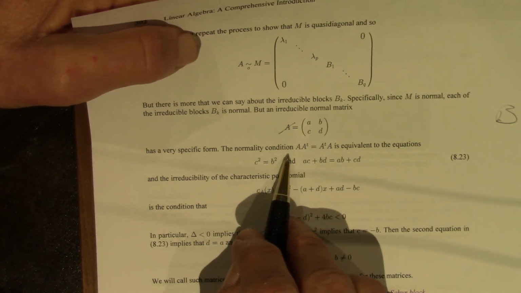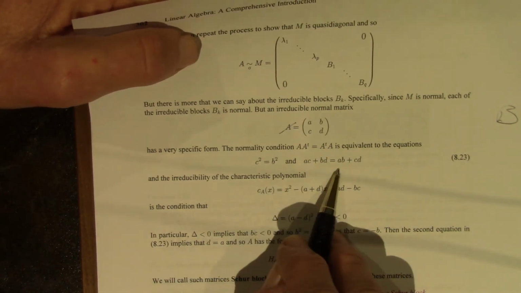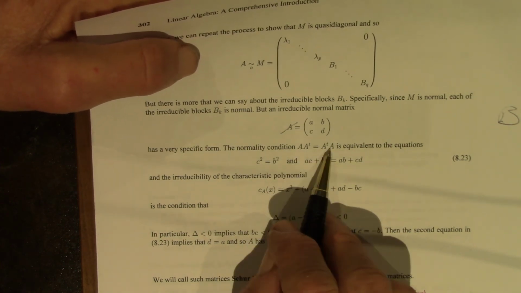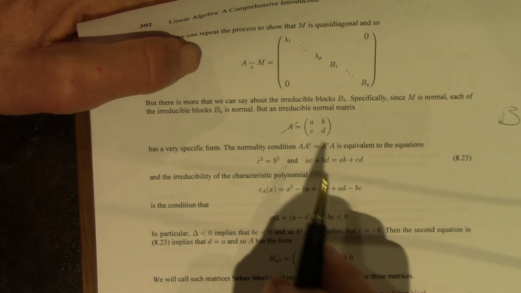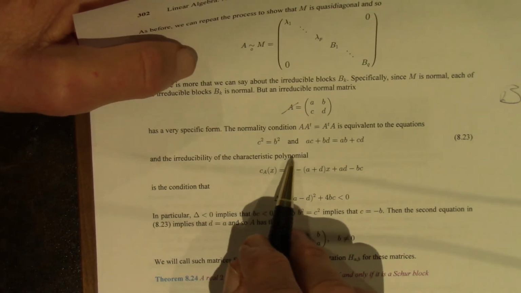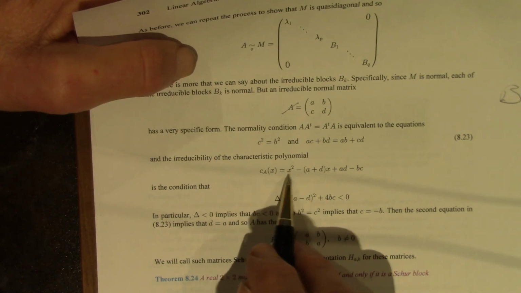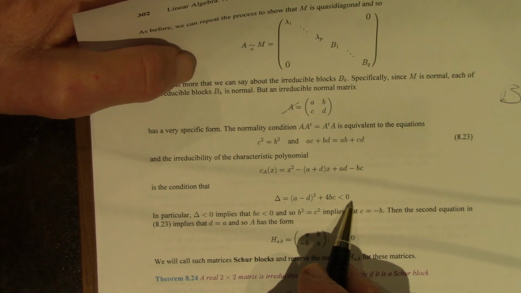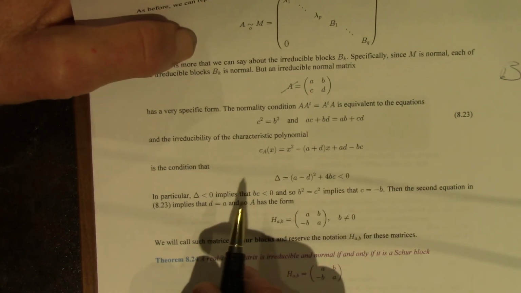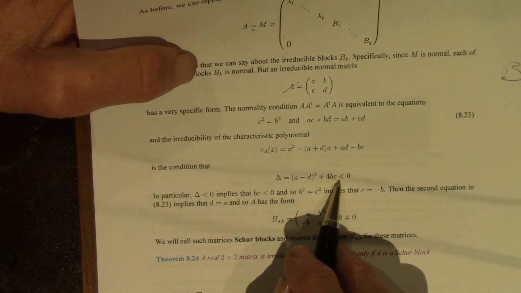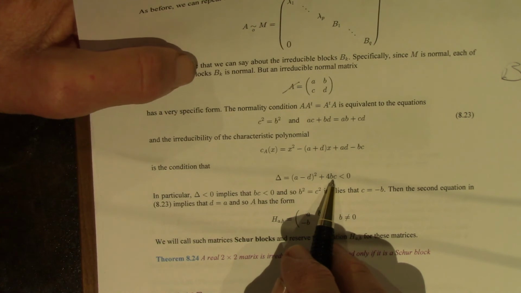The normality condition gives these two equations. Just work out the matrix products and set them equal. The irreducibility condition we've seen before is that this discriminant is negative. Well, the discriminant being negative means BC here must be negative.